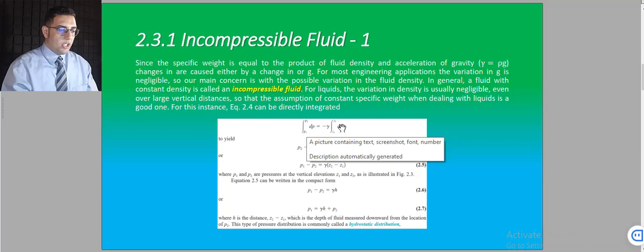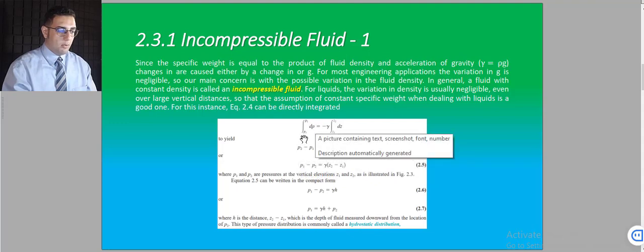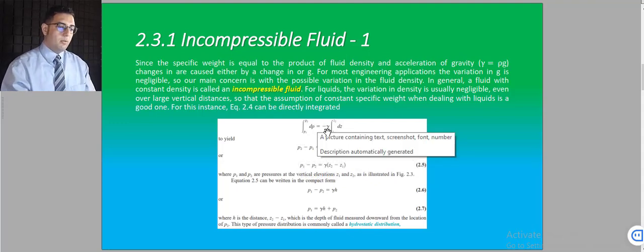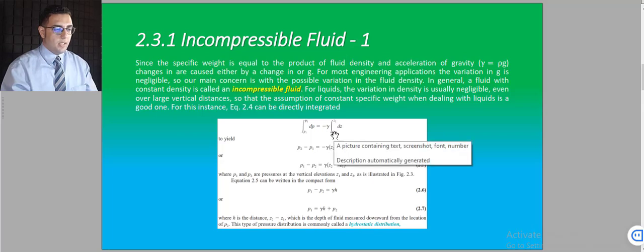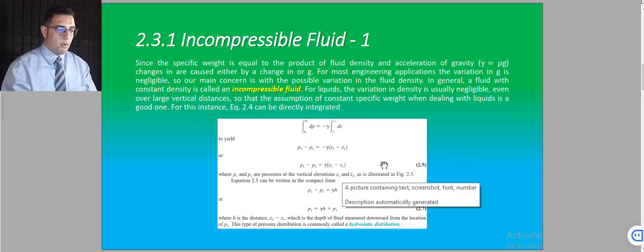Doing the integration, we have from P1 to P2, integral of dP is equal to minus constant specific weight, integral of z1 to z2 for dz. Doing the calculation, we have this equation as equation 2.5.